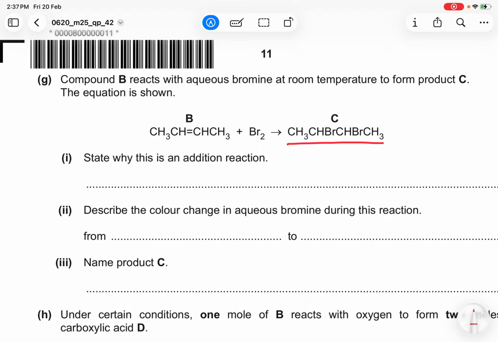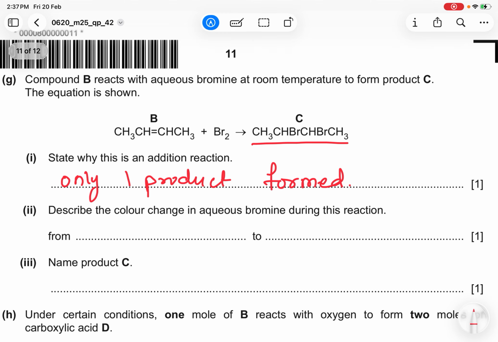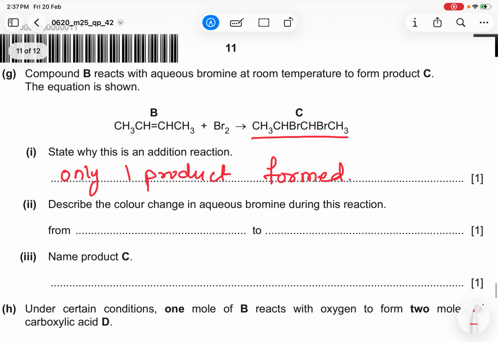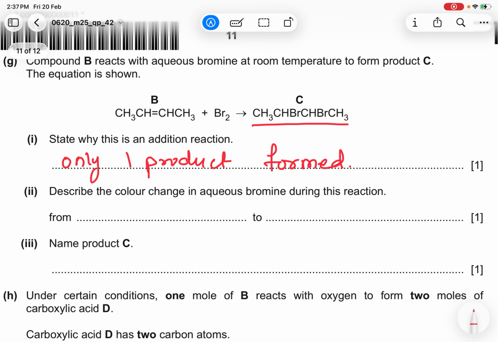There is no other product. Describe the colour change in aqueous bromine during this reaction. So bromine is orange in colour, and when we add it to an alkene, it goes colourless. So it is from orange to colourless.